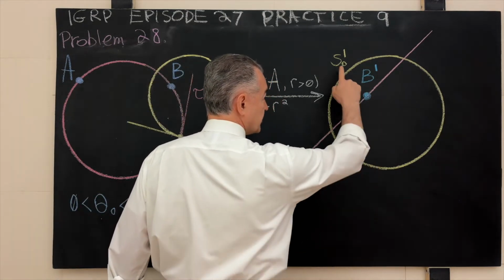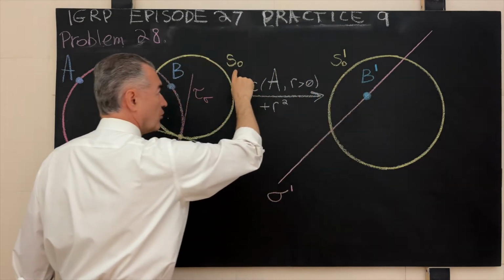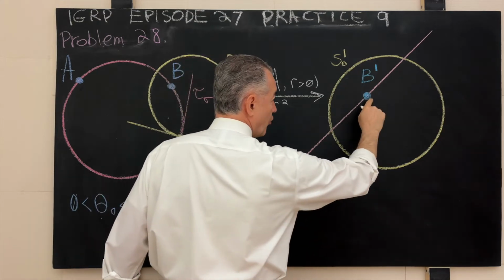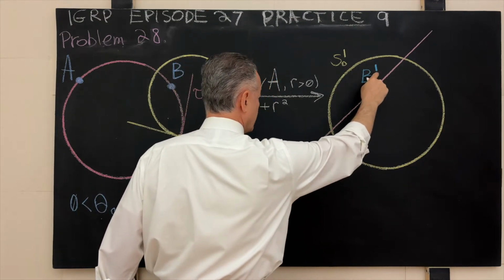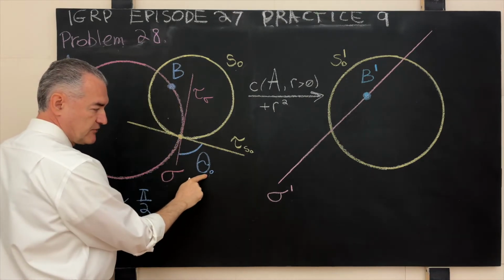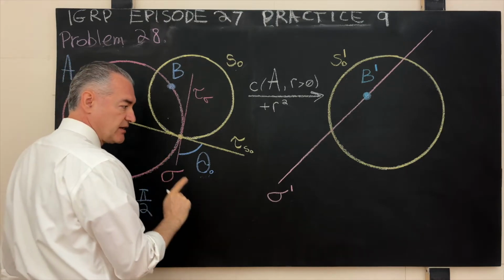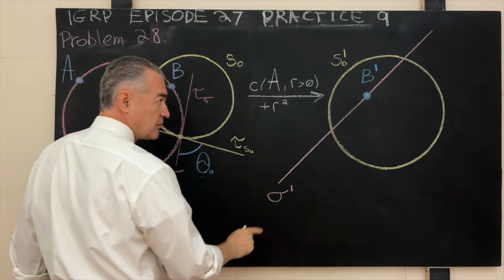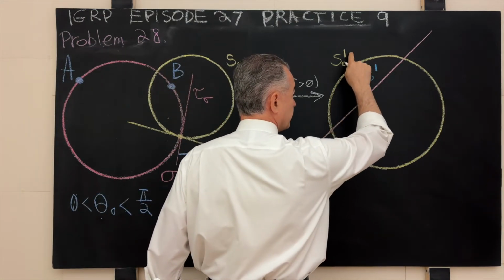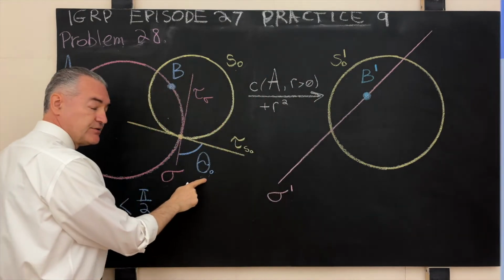Given a circle such as the circle S prime 0, which is the equivalent of the original circle S0, and given a point such as the point B prime, which is the equivalent of the point B, we also have the angle theta 0. Construct a straight line such as the straight line sigma prime that intersects the given circle S prime 0 at a given angle theta 0.